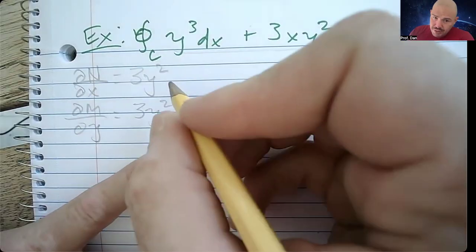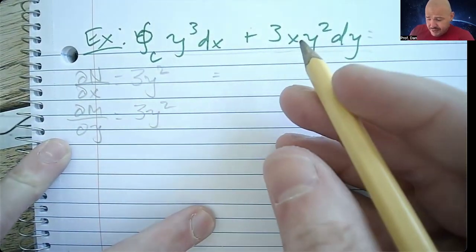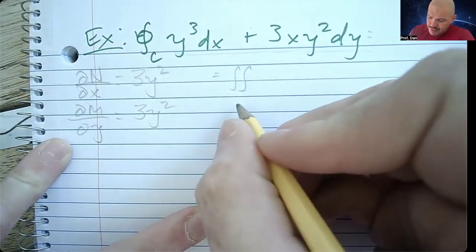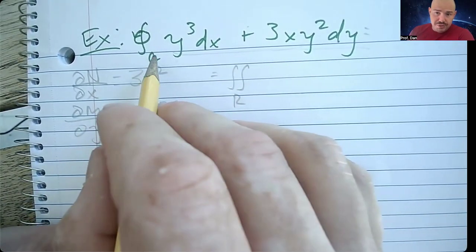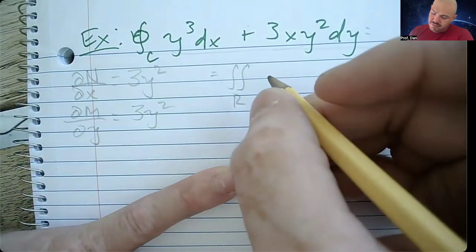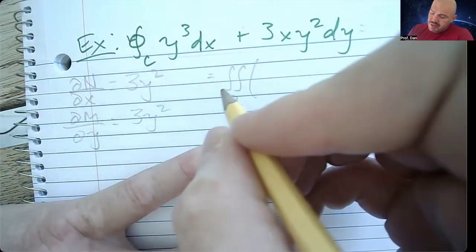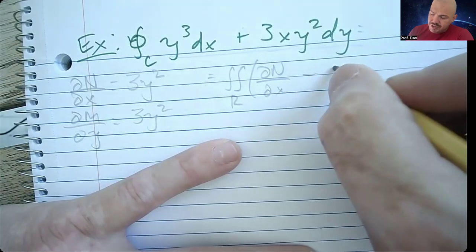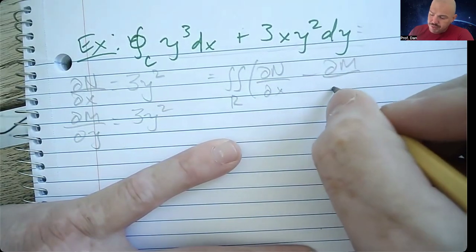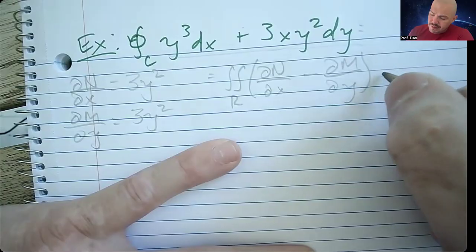All right, but if we take the Green's theorem route of writing that out, we know that we're going to take the double integral over the region R that is enclosed by the path C. The integrand is going to be the partial of N with respect to x minus the partial of M with respect to y, dA.